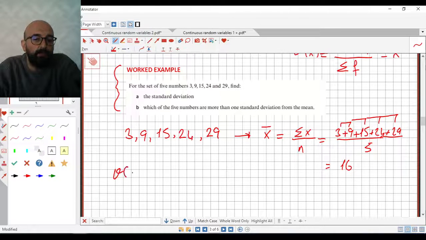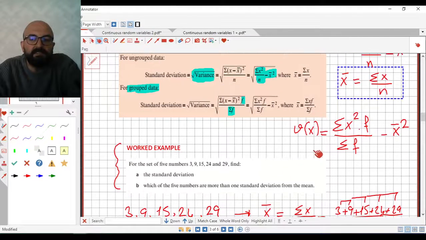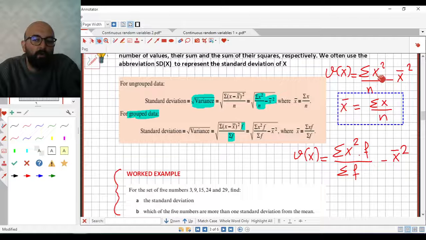And our variance formula, you know, is the sum of all x squared over n minus mean squared.